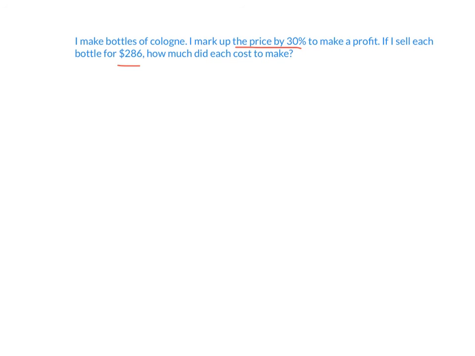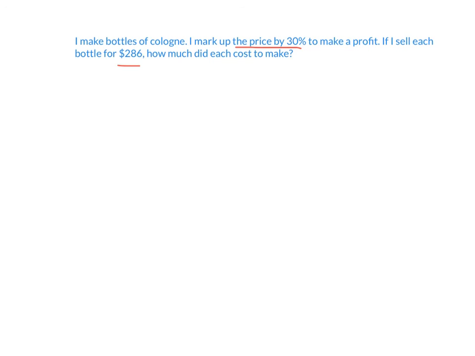So remember, when we're increasing a number by 30%, we multiply by 130 over 100 or 1.3. Increasing by 30% is the same as finding 130% of the number. So I took a number, I found 130% of it, and I got 286.